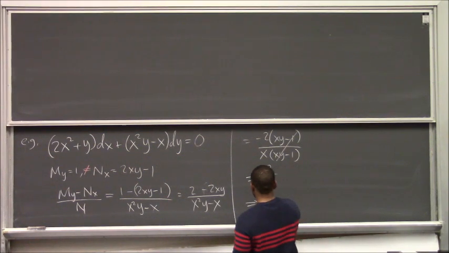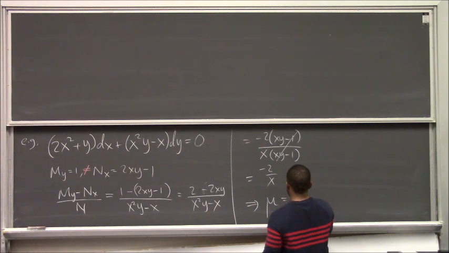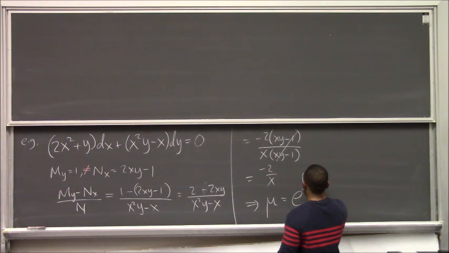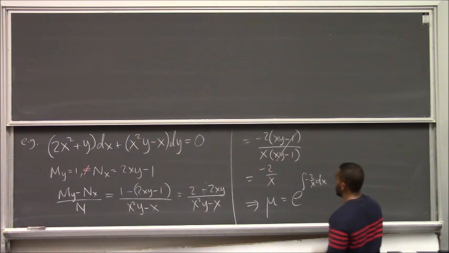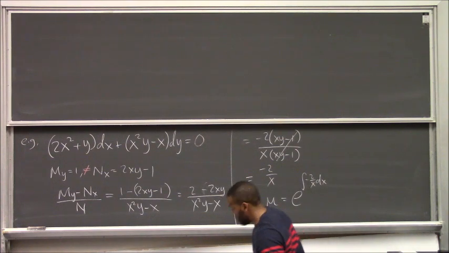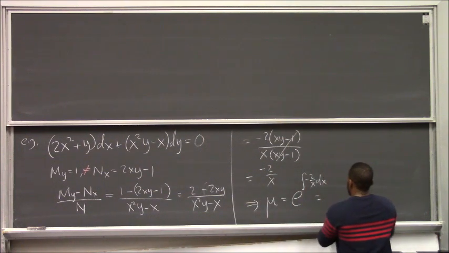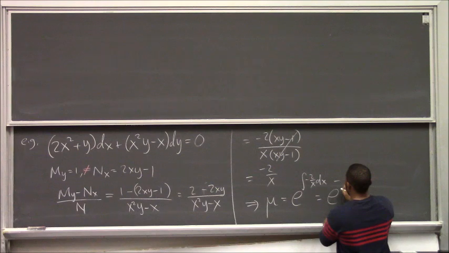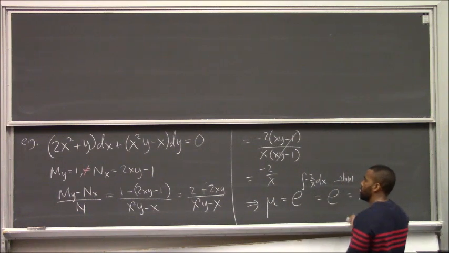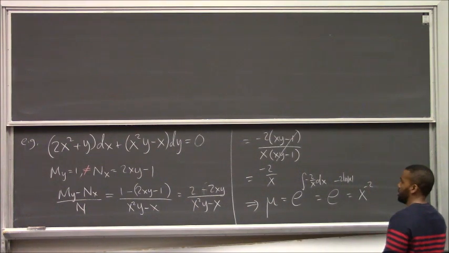So mu equals e to the integral of minus 2 over x dx is an integrating factor. That is e to the minus 2 ln x, or x to the minus 2. We assume that our x is positive.